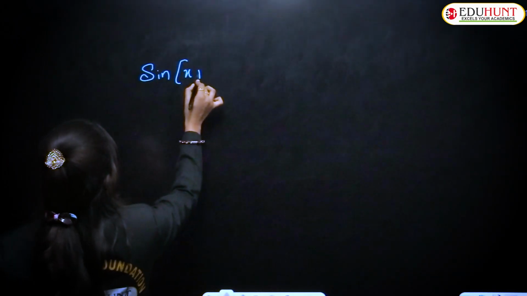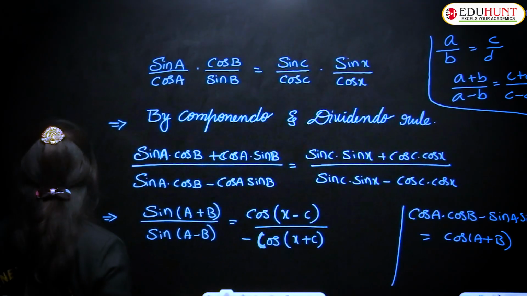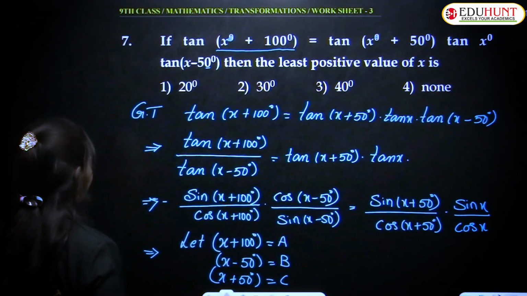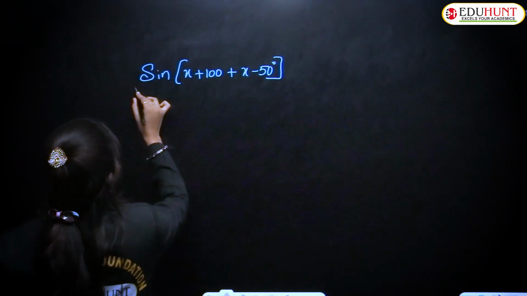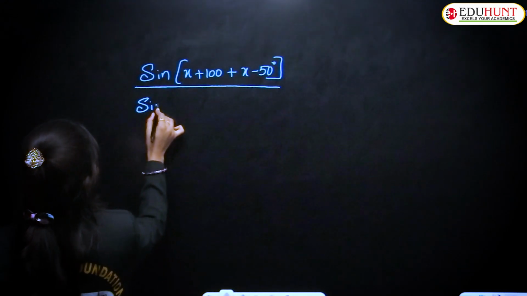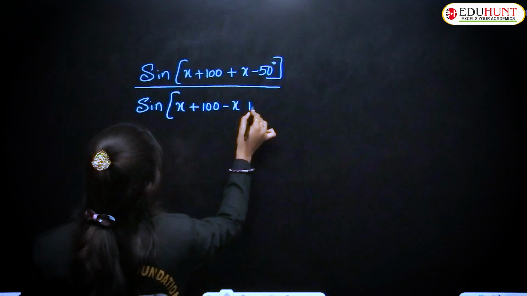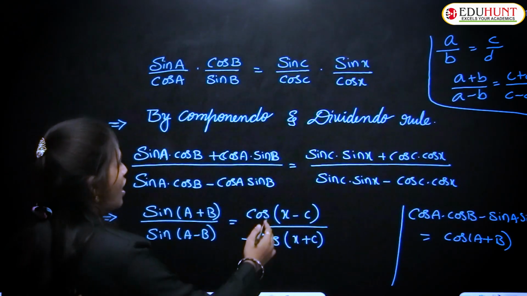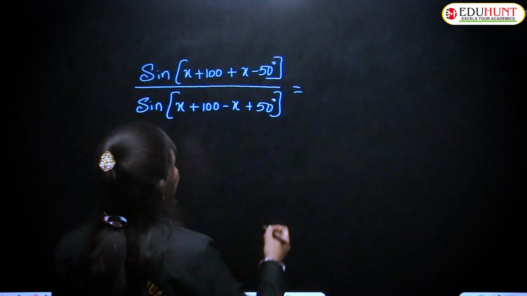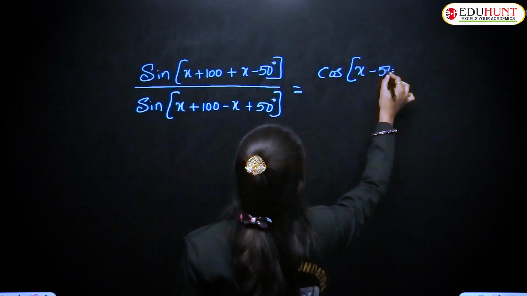Sin of A is equal to x plus 100 plus, here B is there, so B is equal to x minus 50, whole by sin of A minus B. So sin of A minus B means x plus 100 minus x plus 50, which is equal to cos of x minus C. So x is what we have taken as x minus 50 degrees?